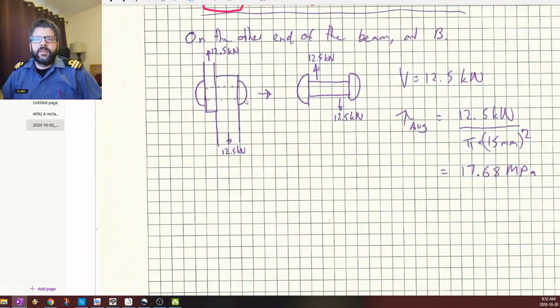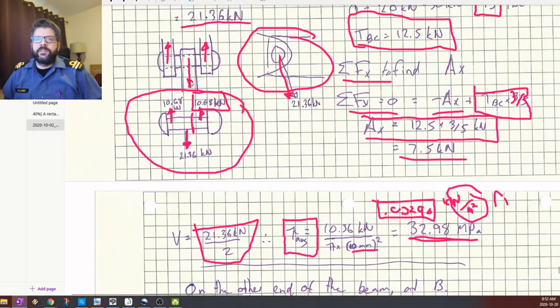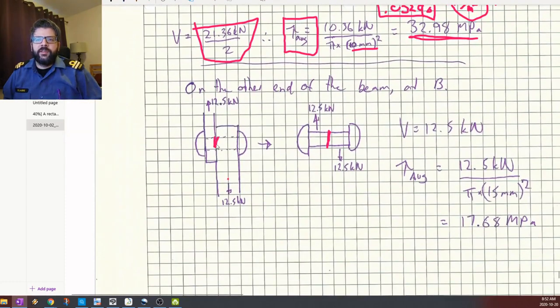Because you don't have the double supports on either side, you've got the entire shear being carried across this section taken in the middle here. If you have a situation like this, then when you take a section right here, the entire load is carried by there. So our load is going to be the 12.5 kilonewtons that we solved for as the tension.